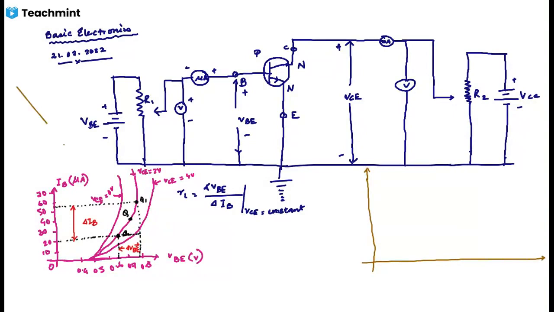Okay, so I am drawing the curve. So this is the IC, collector current. This will be in the order of milliampere, and this is the VCE.